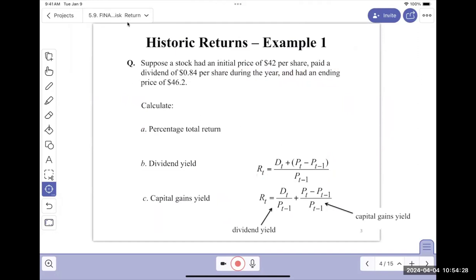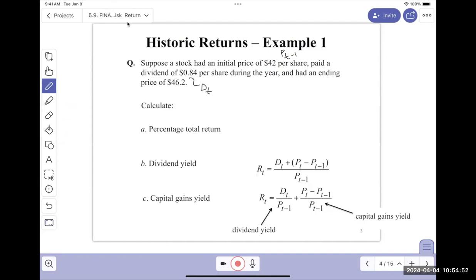Let's see. So what value is this $42? PT minus 1. Very good. It's the original, initial price, right? So that's the last period. And then the dividend is this one. This is DT.